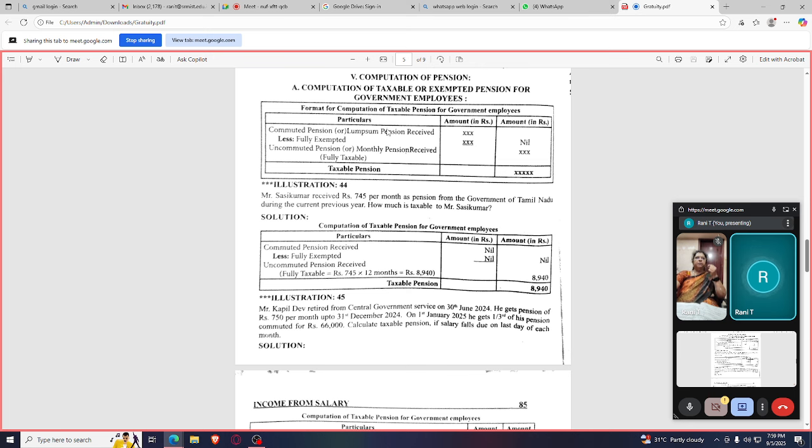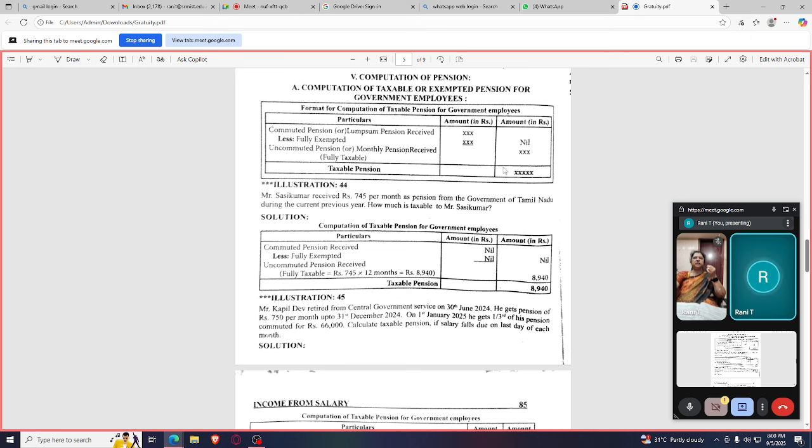Commuted pension is completely exempted, fully exempted for government employees, and uncommuted pension is fully taxable. So, this is the only case wherein government employees also come under the tax, where monthly pension is received, that is uncommuted pension.